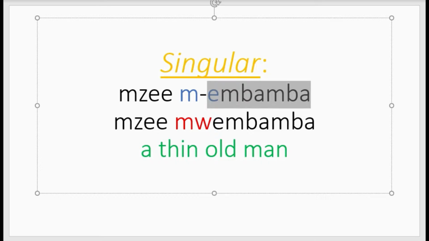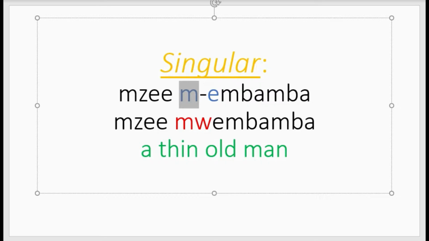you can see here that there is m, which comes from the first letter of the noun, mzee. So we take this m and put it over here.